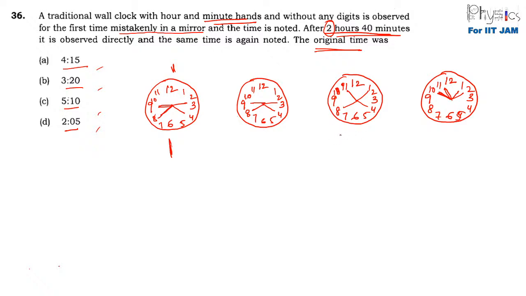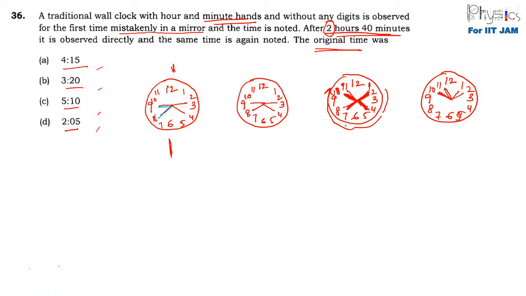So see, in case of this one, it is the drawing, right? This one, that is 5:10, right? 5:10. The drawing was a little incorrect. In case of 5:10, the difference between minute hands is 10 plus 10, 20 plus 10, 30 plus 10, 40, right?